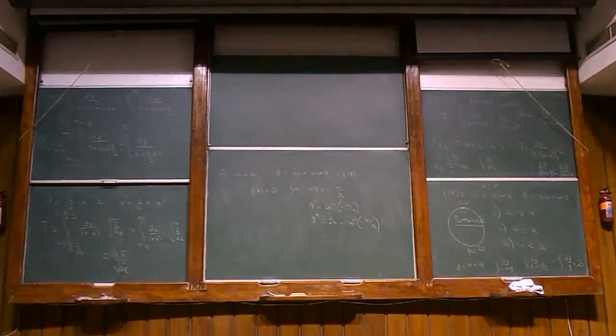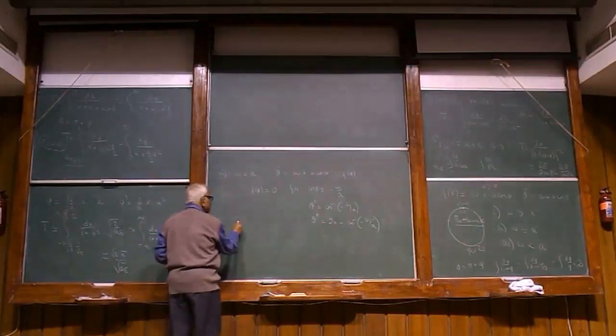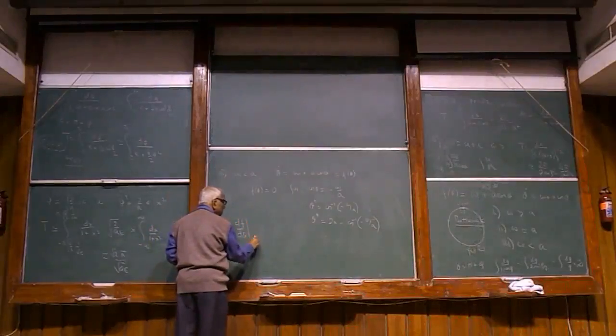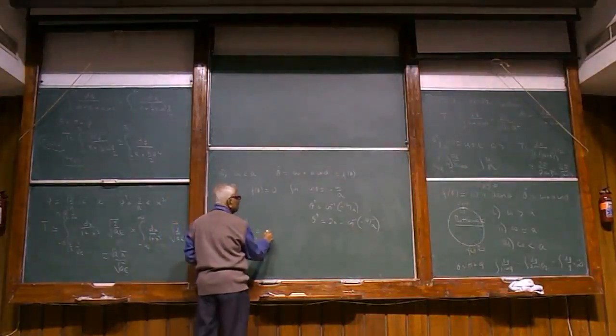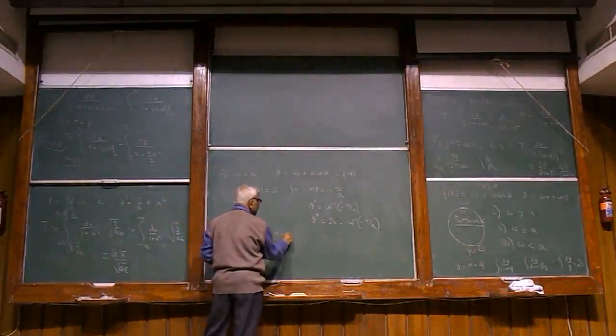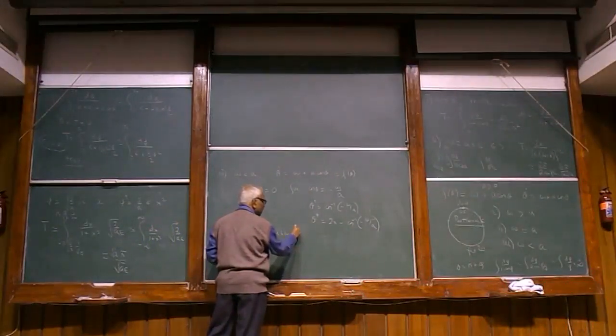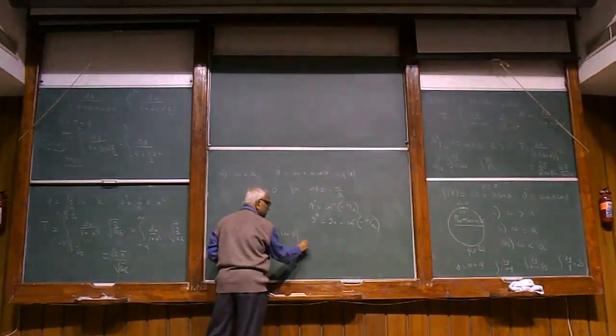Which one is stable? Second one. I mean 2 pi minus. For stability, I have to do df d theta at theta star, that's equal to minus A sine theta at theta star.